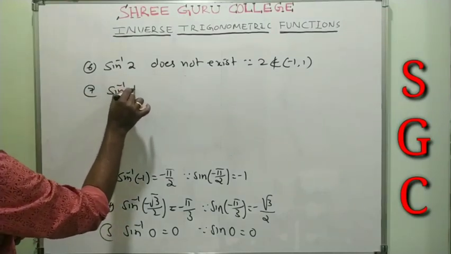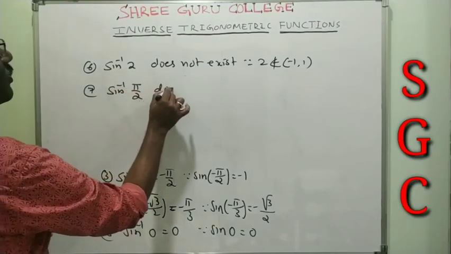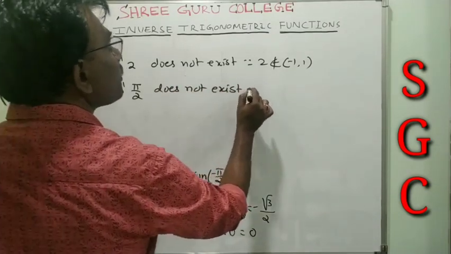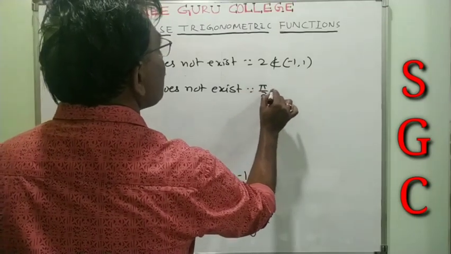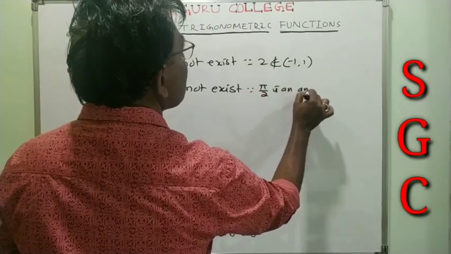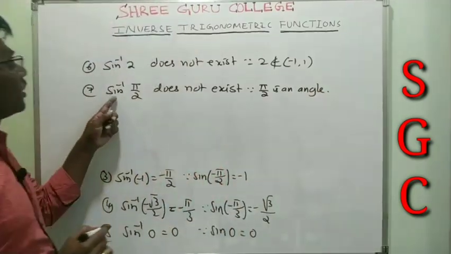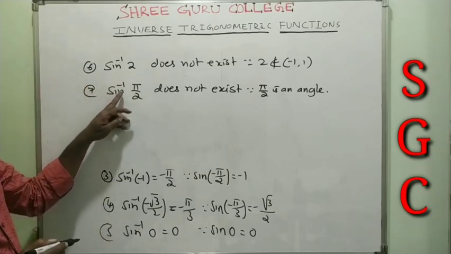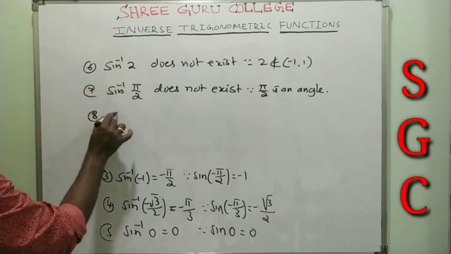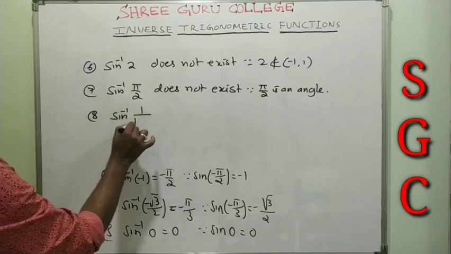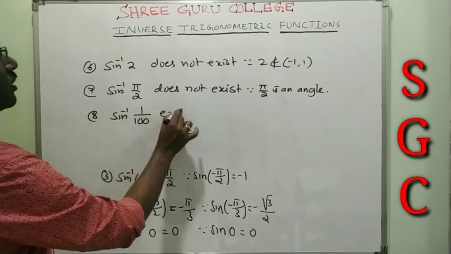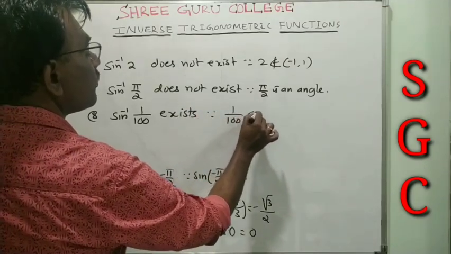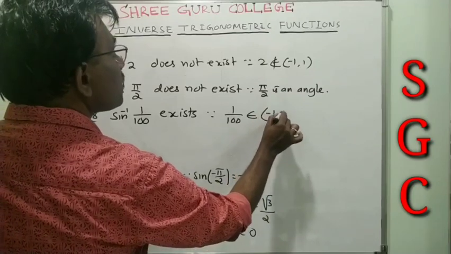Sine inverse of pi by 2 does not exist, because pi by 2 is an angle. Sine inverse of an angle is not possible. Sine inverse of a domain value is possible. Eighth one, sine inverse of 1 by 100 exists, because 1 by 100 belongs to minus 1 to plus 1.